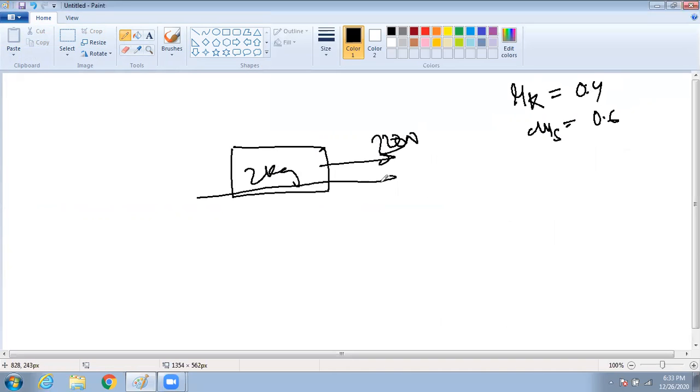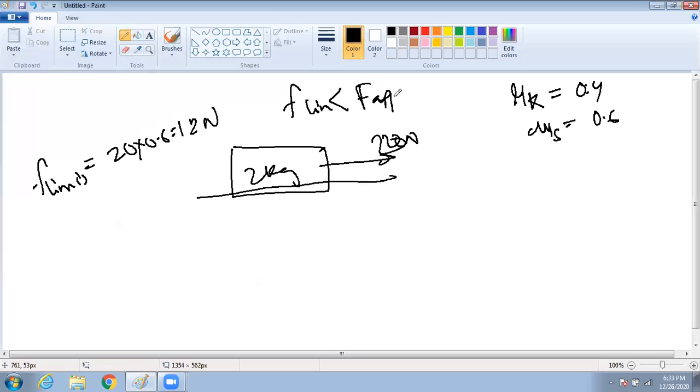First, find out F limiting. F limiting is 20 into 0.6, that is equal to 12 Newton. Now you know that F limiting is less than the F applied. So the body will move.